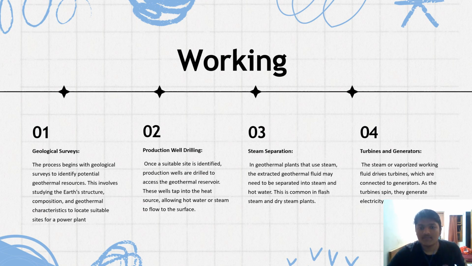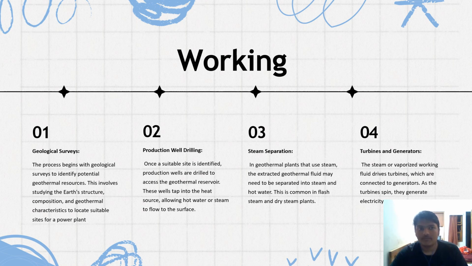The third step is steam separation. As we know, only steam can run the turbines, not the hot water. So there is a separator to separate the steam from the hot water extracted from the earth.